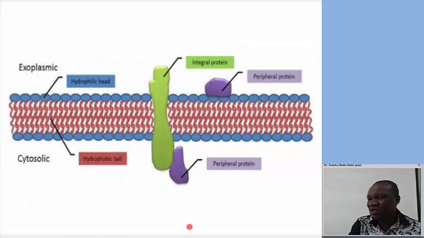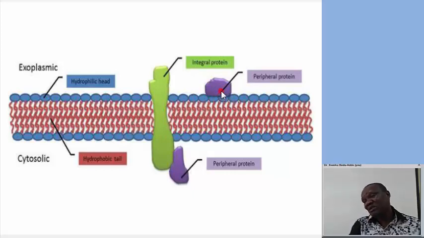For instance, if we look at this, this is a peripheral protein, and it's interacting with an integral protein. It is not attached to the hydrophobic region. That's a peripheral protein. It interacts with just the hydrophilic heads of the phospholipid bilayer.